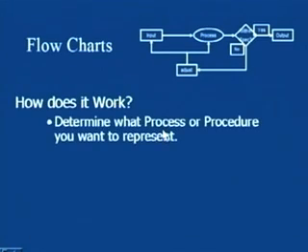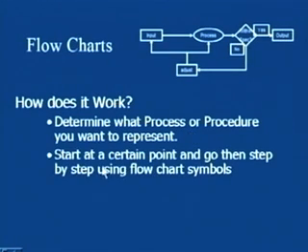How does it work? Determine what process or procedure you want to represent. So, first you should know which process you are going to represent as a flow chart, or which procedure you want to represent as a flow chart. Start at a certain point and go step by step using flow chart symbols.